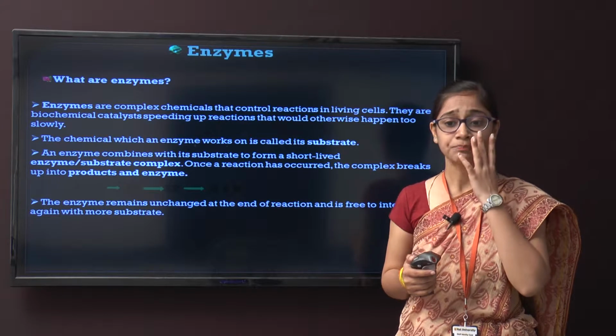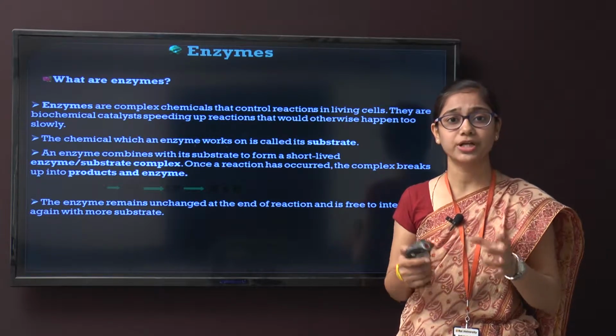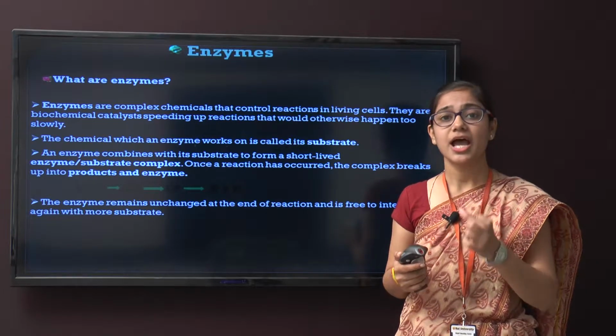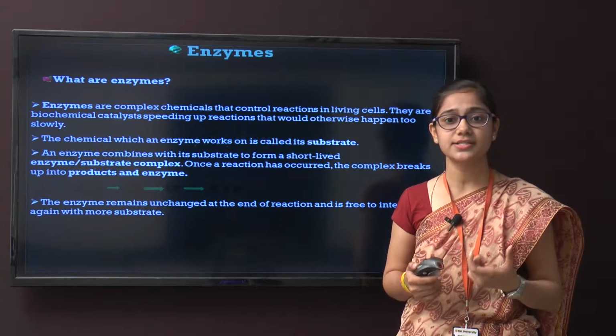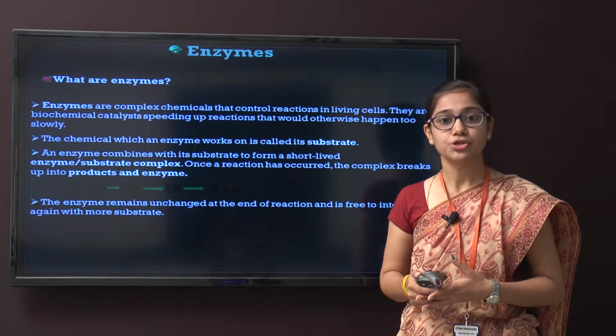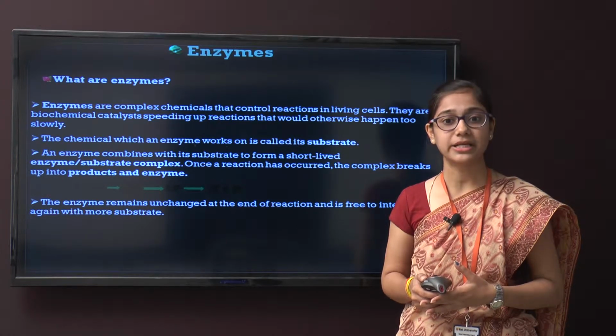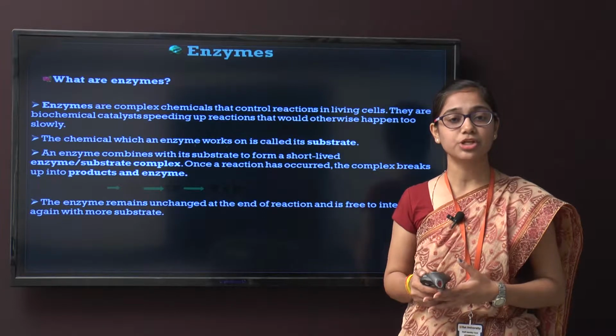for example, hexokinase, which reacts onto glucose. So hexokinase is the enzyme and glucose is the substrate. The enzyme combines with the substrate to form a short-lived enzyme-substrate complex, and once the reaction has occurred, the complex breaks down into the product.